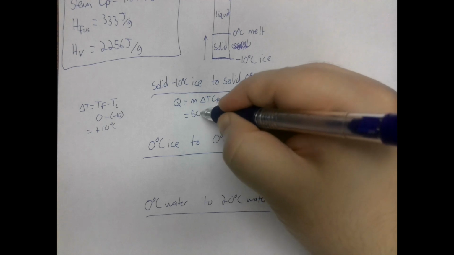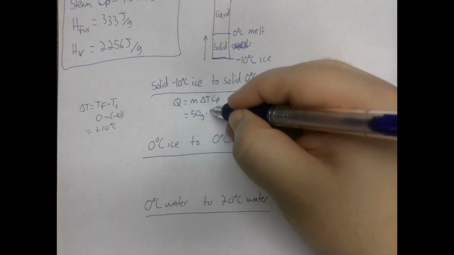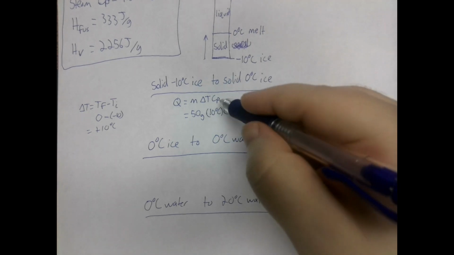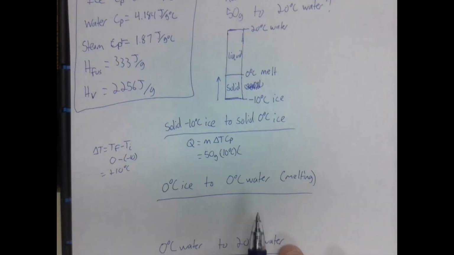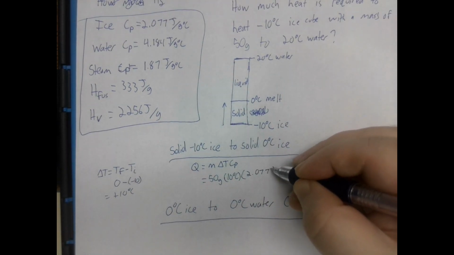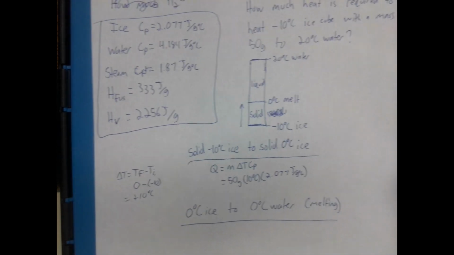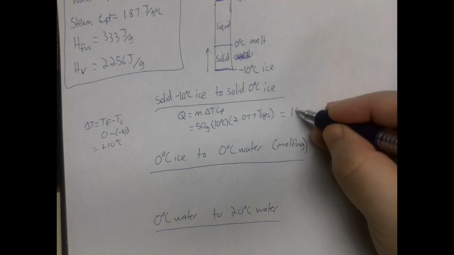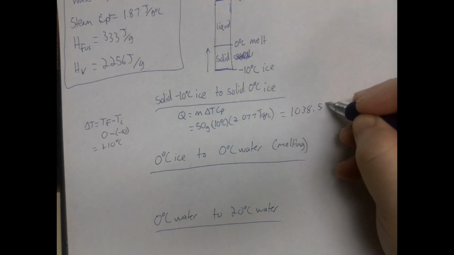Our mass is 50 grams, and for solid ice, CP is 2.077 joules per gram degree Celsius. So in order to heat ice from -10 to 0 requires 1038.5 joules.